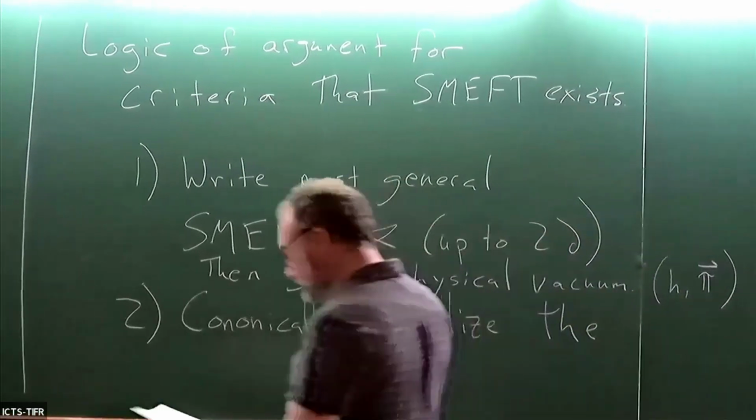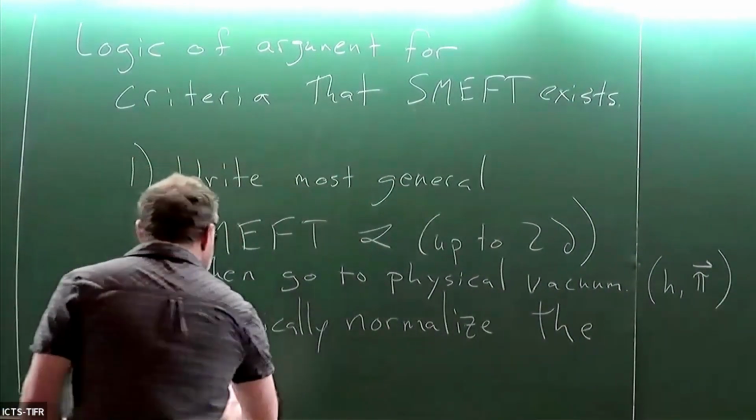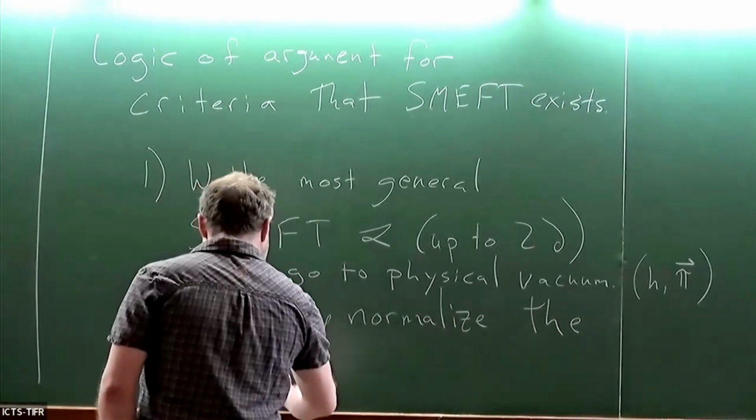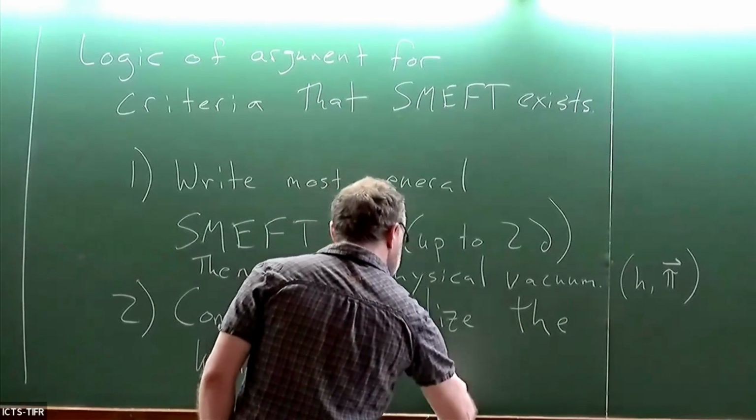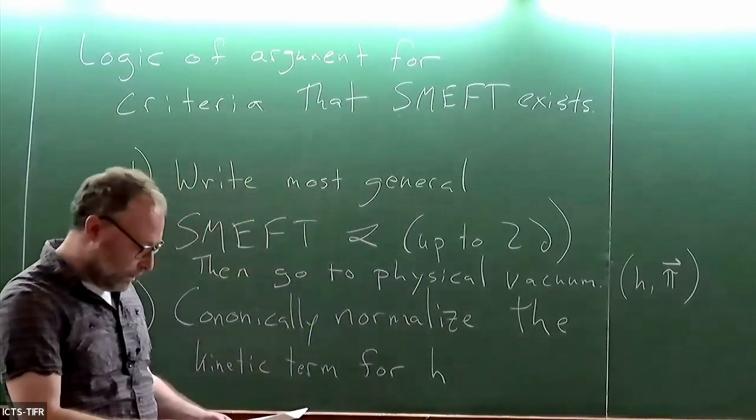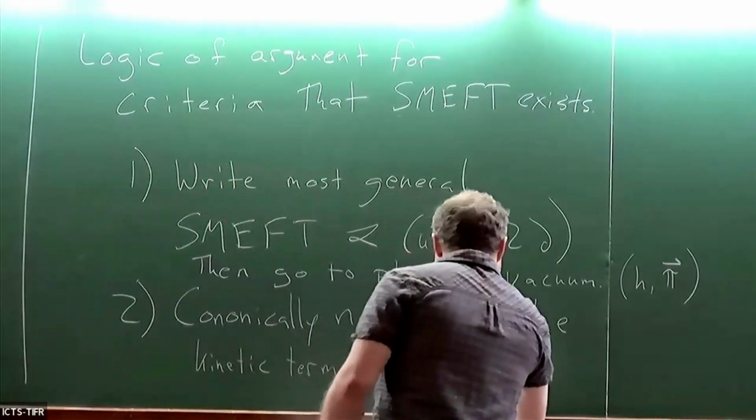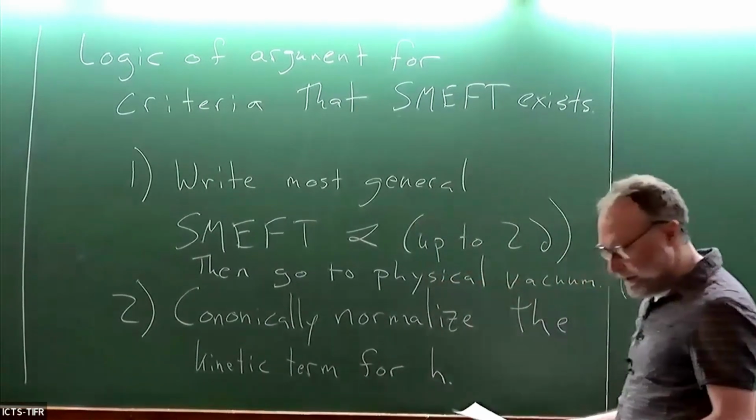Then, in step 2, we canonically normalize the kinetic term for little h.